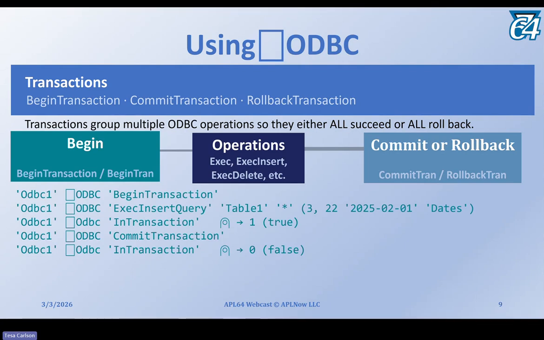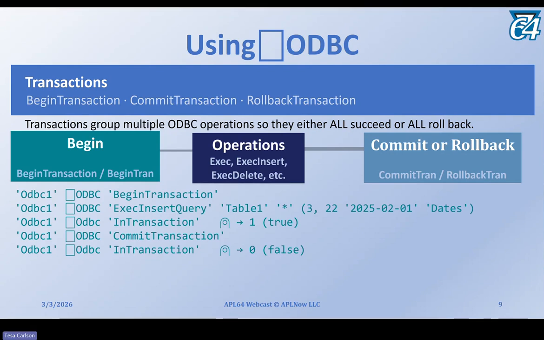Prior to committal or rollback of a transaction, the effects of the existing ODBC statements in the transaction are pending effects in the ODBC database. The commit transaction action has no result.